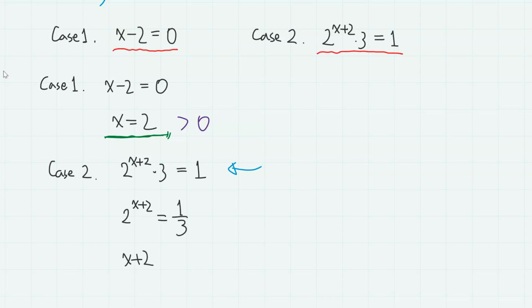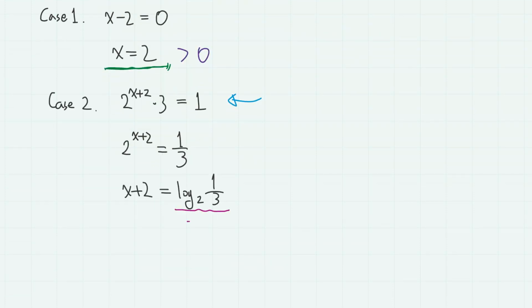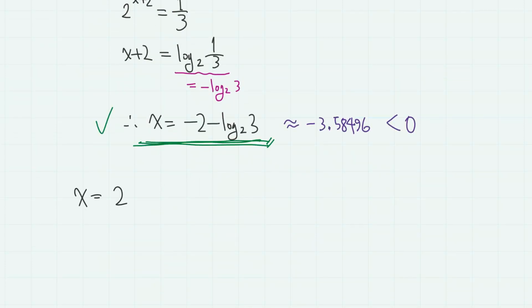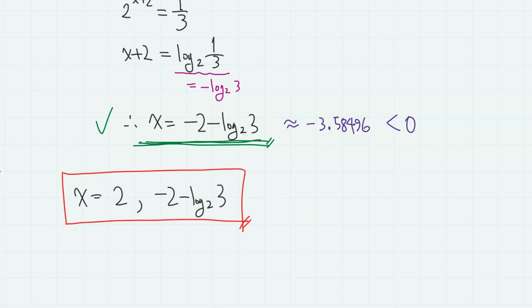So x plus 2 equals log base 2 of 1/3, and since log base 2 of 1/3 is minus log base 2 of 3, we have x equals minus 2 minus log base 2 of 3, which is a negative root. Therefore, from cases 1 and 2, we have roots x equals 2 and minus 2 minus log base 2 of 3. So that was the first method.